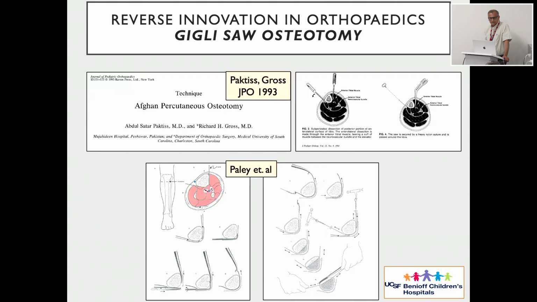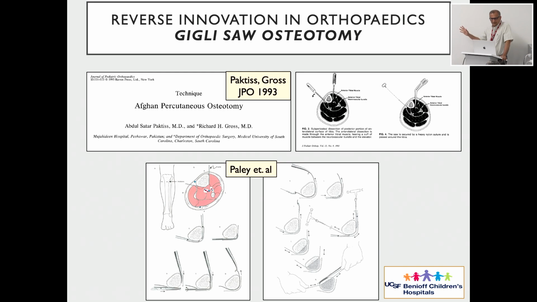I'm going to skip through some of this. Now, this is called reverse innovation, where something gets discovered in a resource-limited environment and then gets adapted or adopted by the high-income countries. And the jiggly saw osteotomy is a great example of that. It was actually first published in JPO, which doesn't always happen.